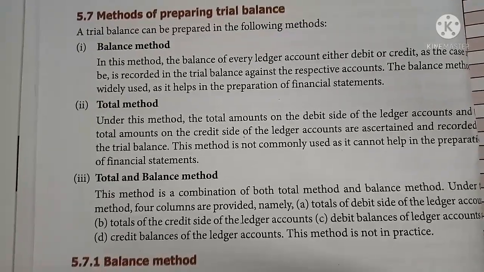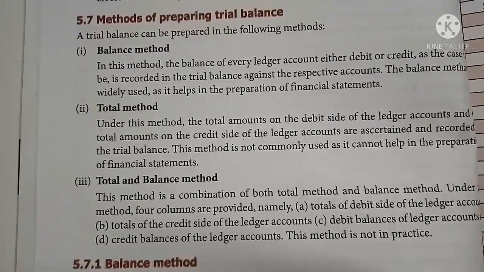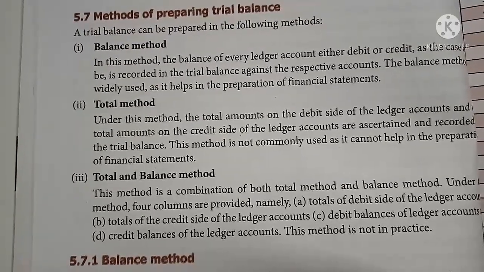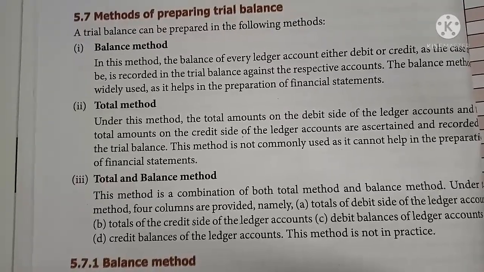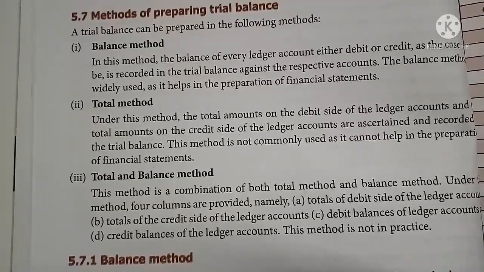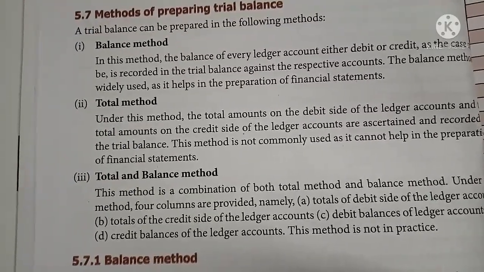Total and balance method. This method is a combination of both total method and balance method. Under this method, four columns are prepared, namely total of the debit side of the ledger accounts, total of the credit side of the ledger accounts, debit balance of the ledger accounts, and credit balance of the ledger accounts.